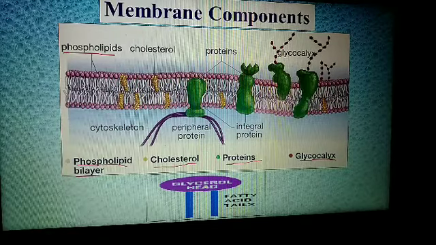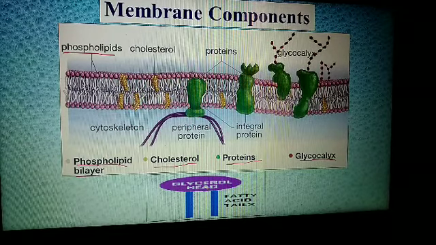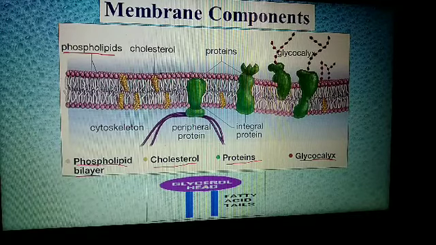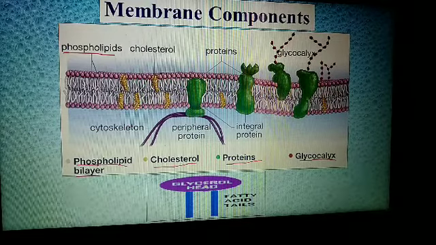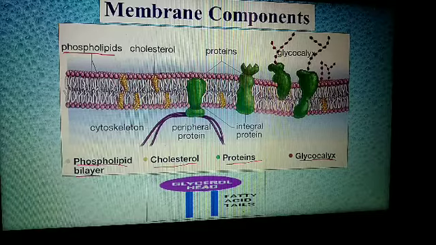The tail has two parts, two tails are there, and the head region is only one head, which has glycerol and phosphate group, and the tail region is made up of fatty acids. The head region is hydrophilic in nature, meaning it attracts water molecules, whereas the tail region is hydrophobic in nature, which repels water molecules.